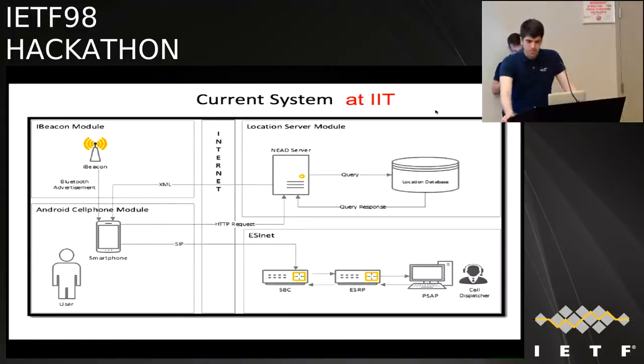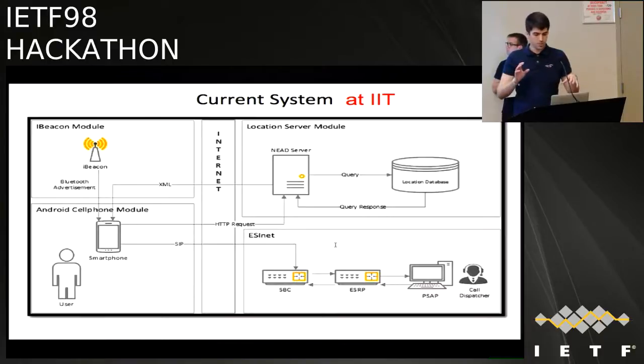Hi everyone. So this weekend we worked on a WebRTC PSAP. Actually, our team at IIT built this system which is able to get our indoor location information. However, we are using an EasyNet which allows us to get only SIP calls.